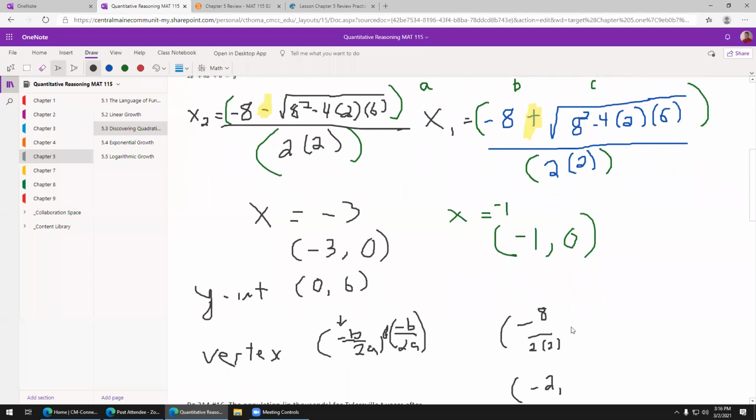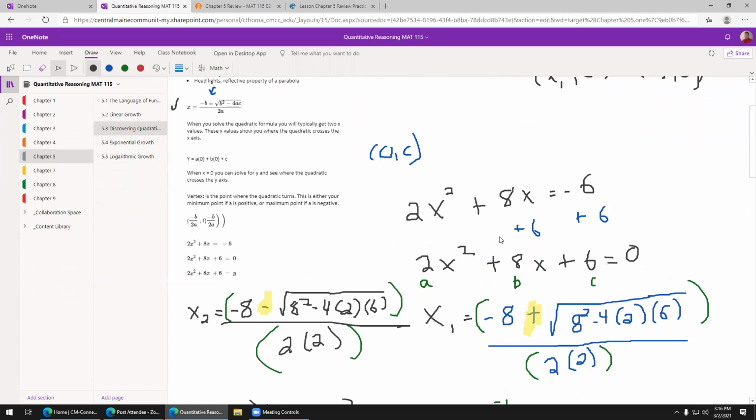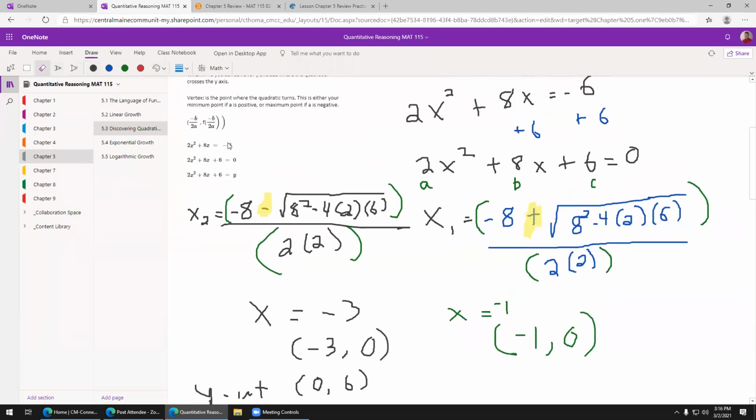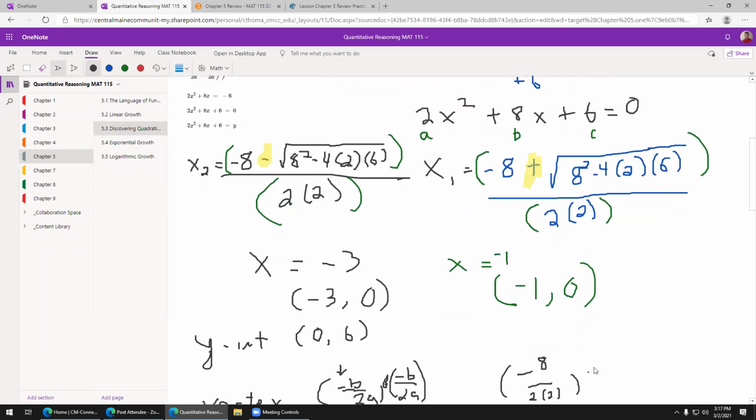This is going to be 2x squared, so I'm going to do 2 times parentheses -2 squared, plus 8 times -2, plus 6.